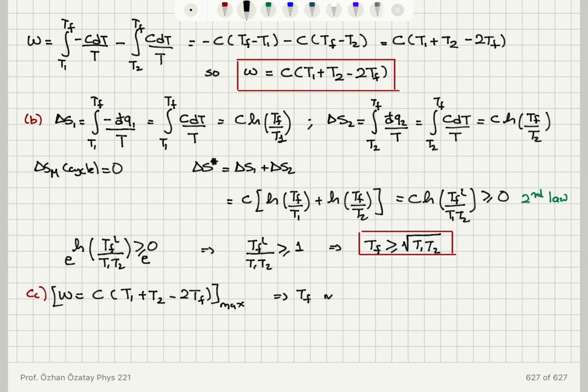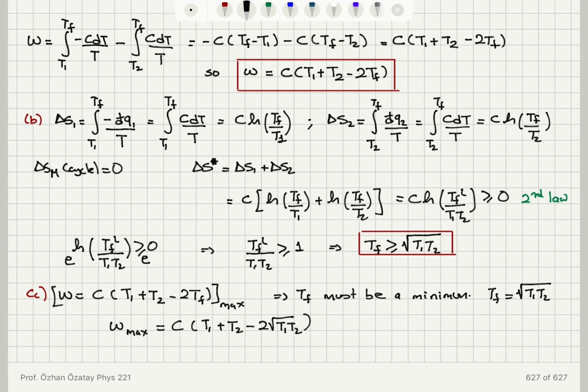T final must be a minimum because I'm subtracting 2T final. So therefore, T final must be equal to its minimum value, square root T1 T2. So W maximum will be C times (T1 plus T2 minus 2 square root T1 T2).